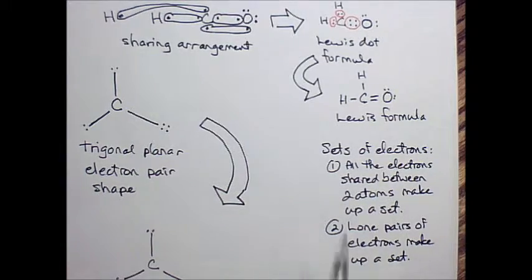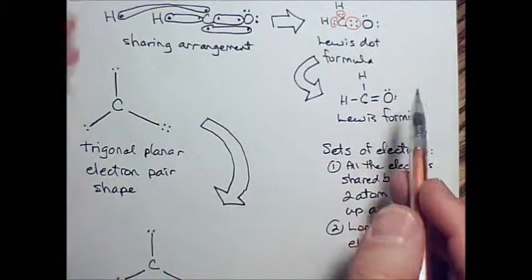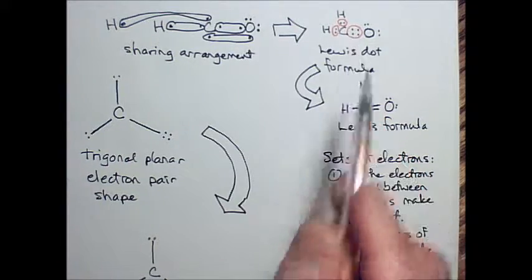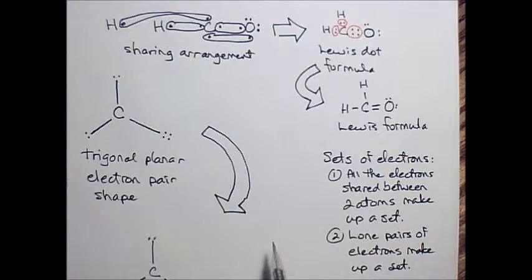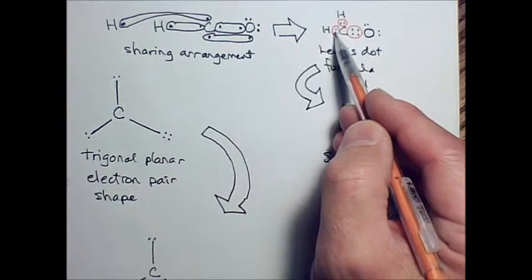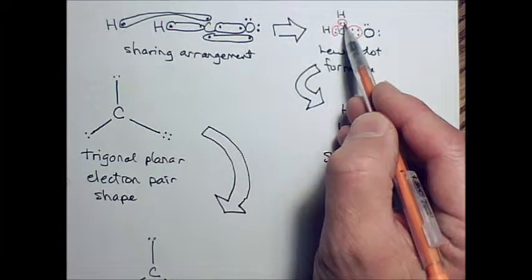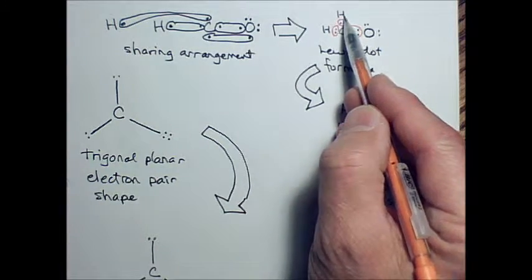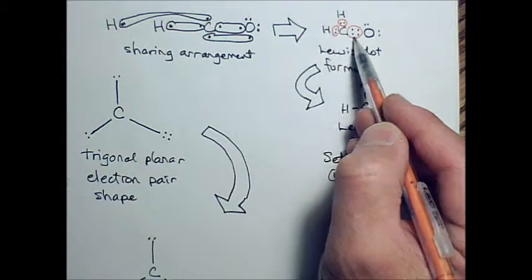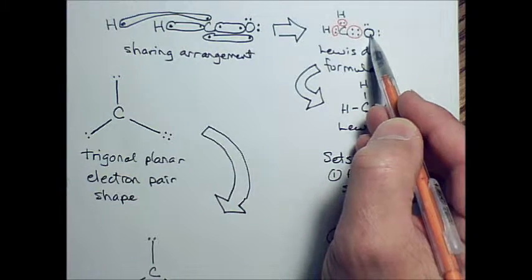And then we're going to go to the Lewis dot formula and find where those electrons are shared, and replace only the shared pairs of electrons with the atomic symbols. Only the shared pairs of electrons get replaced with the atomic symbols. In this case, all these sets of electrons are replaced. The 2 single pairs here get replaced with hydrogens. The double pair gets replaced with an oxygen.